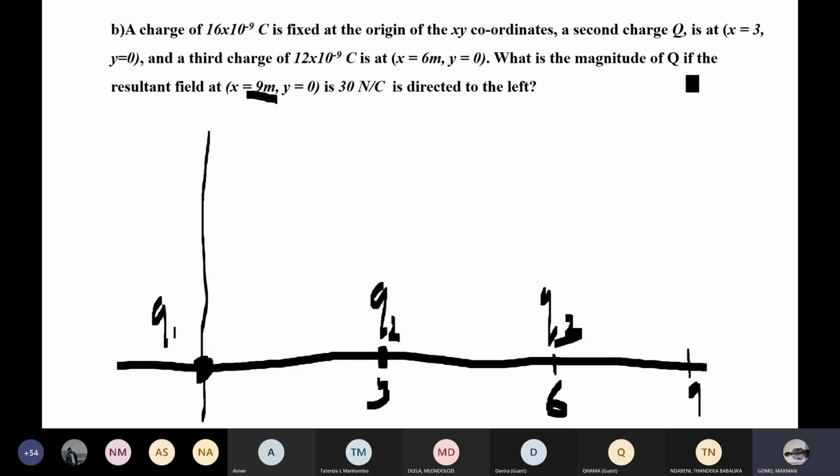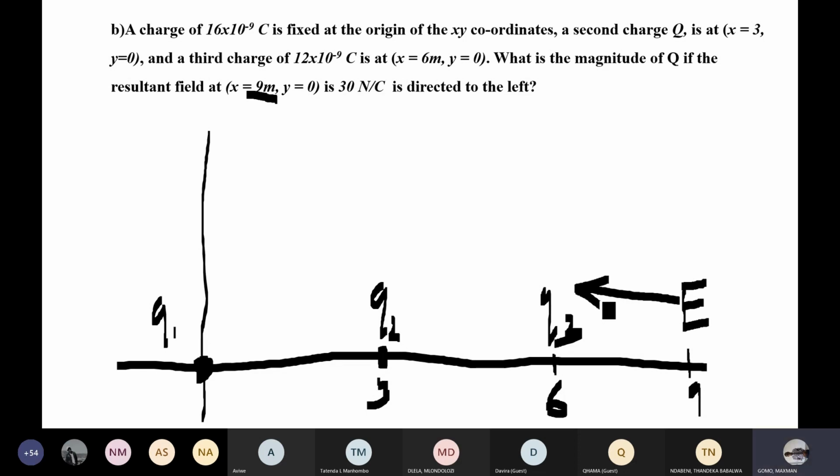They are saying, what is the magnitude of Q if the resultant field is 30 newtons per coulomb and is directed to the left? So probably you have your E somewhere here at X is equal to 9, and they are saying it's directed to the left.